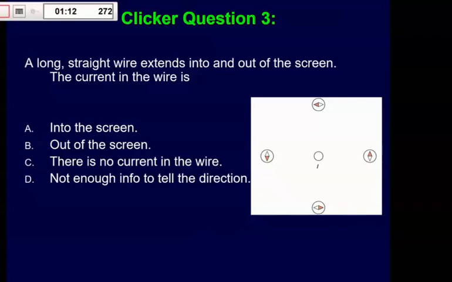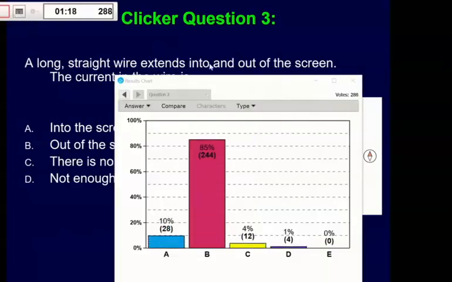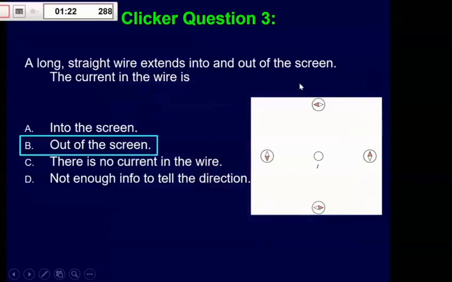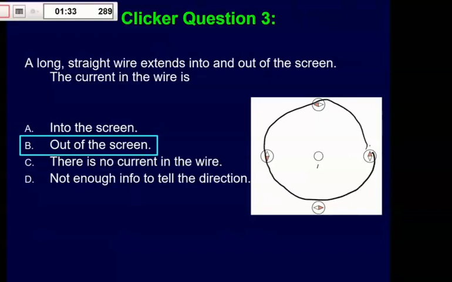Okay, and so I agree with the majority. It looks like most of us are saying B, so I agree with that. What are we saying here? Well, if we were to draw a picture, maybe I could make a loop through here. Sorry, not a very good loop.